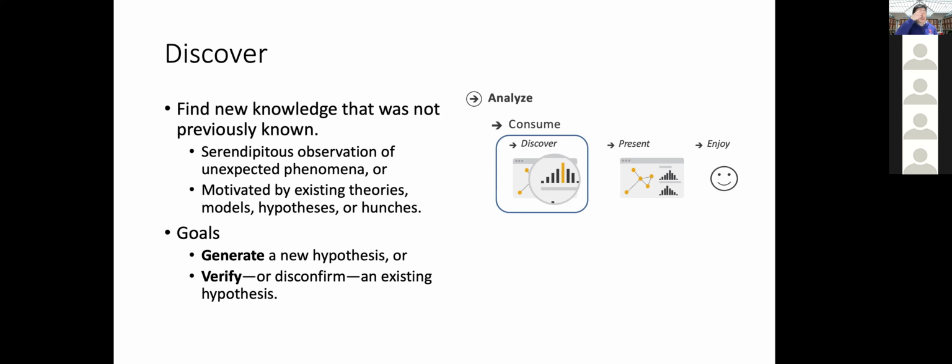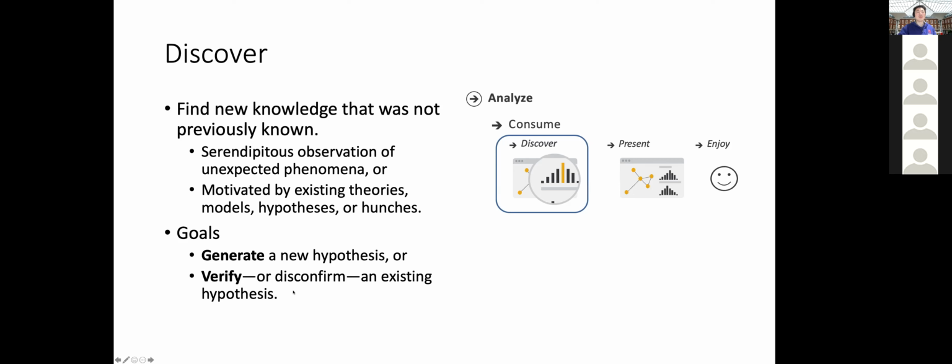There are two possible goals here. Either it helps you come up with new questions to ask, which is called generate, or verifying means you already have some idea and you just want to confirm if that's the case or not.